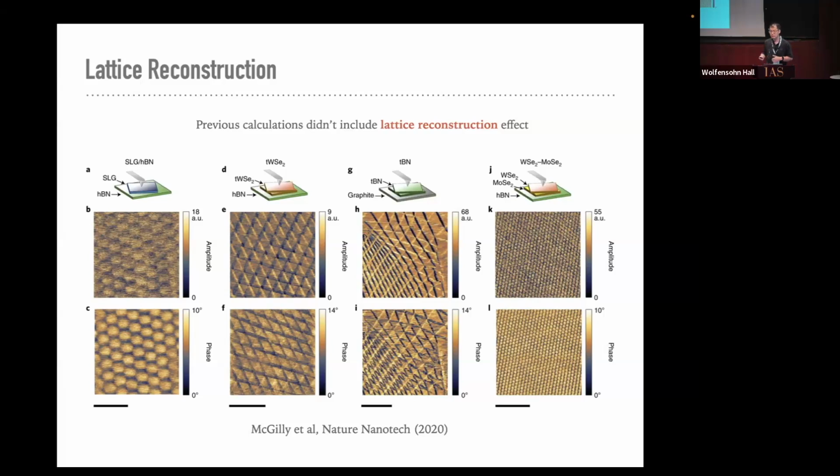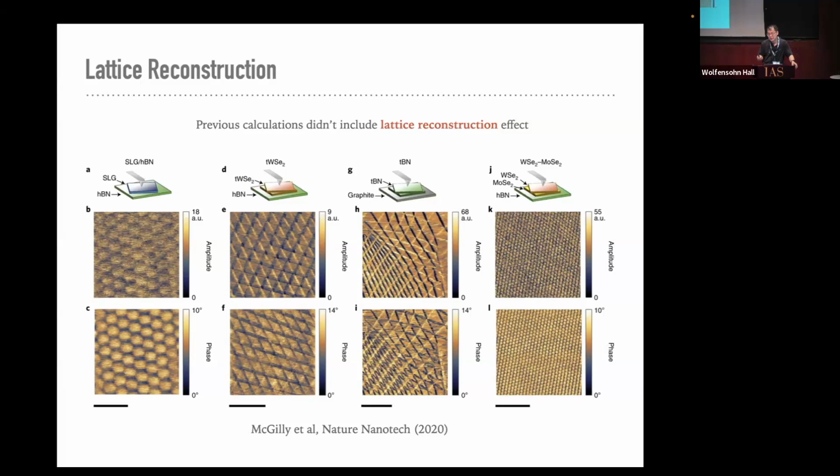The physics is actually very simple, right? If you do a twist, then there are all kinds of stacking. Some stacking are energetically more favorable, some cost more energy. So naturally, the system wants to grow those stackings with lower energy. But once you grow, then you will have deformation, so it's going to cost elastic energy. That competition eventually gives you this lattice reconstruction we've seen here.